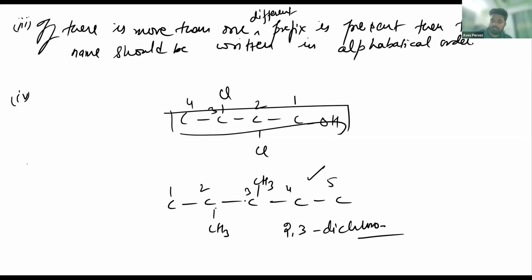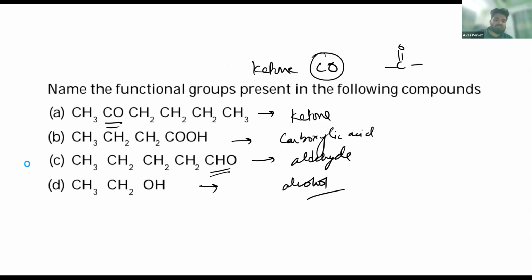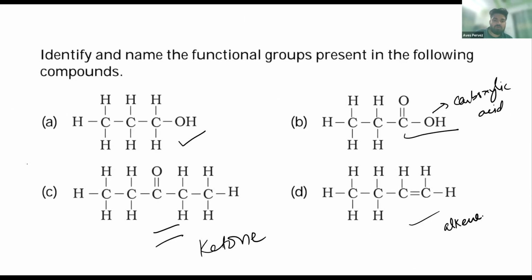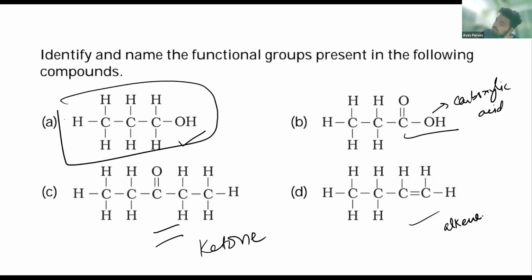Okay. So if I ask you, what is the name of this one? Identify and name the functional group. Only if I talk about that, what is the name for this one? Is it again propanol?